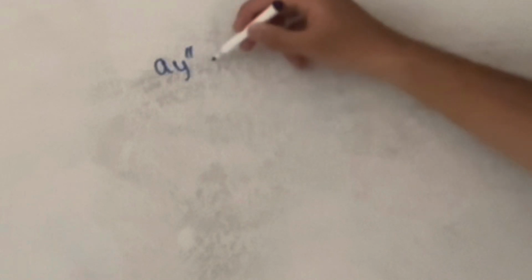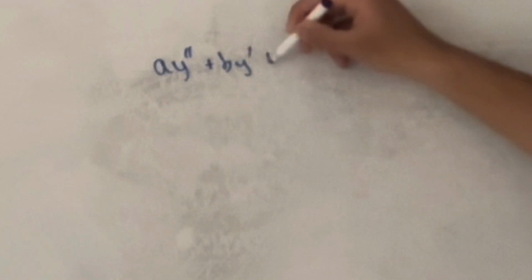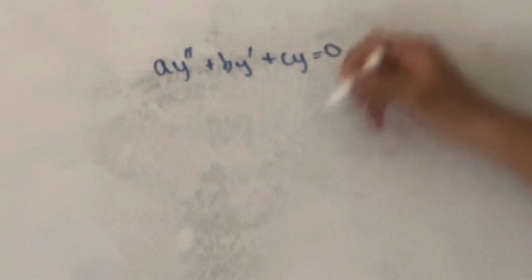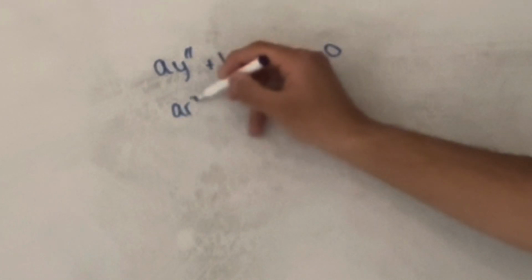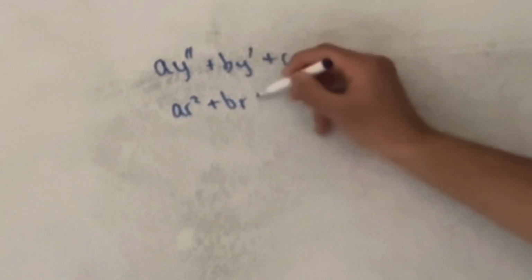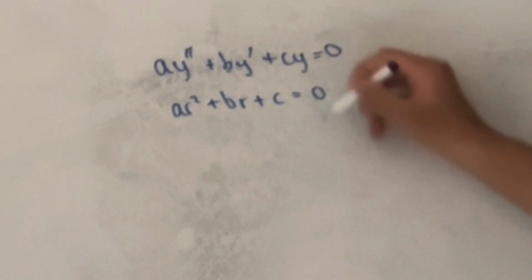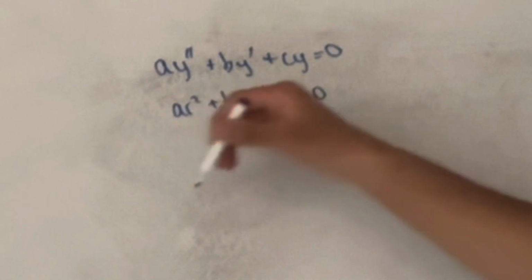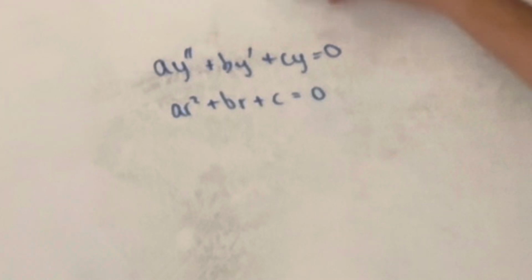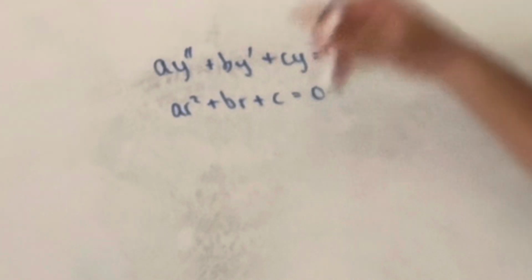When we did A y double prime plus B y prime plus C y equals 0, we made this the characteristic equation: A r squared plus B r plus C equals 0. And after this, we assumed that the solutions to this, R1 and R2, are distinct and real. Now, is that always the case? Of course not. And if you notice, the equation which we did above this did not have this case.